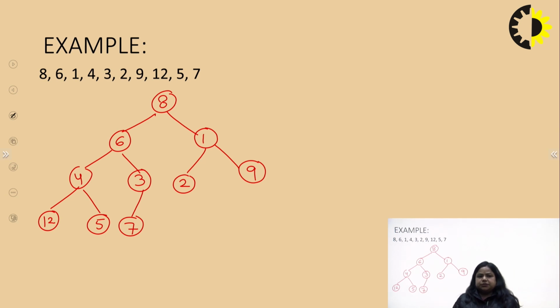Now on the generated tree, first of all we need to check how to apply build heap. We have already studied that we divide the total number of nodes by 2. If we have 10 elements, we apply 10 divided by 2.